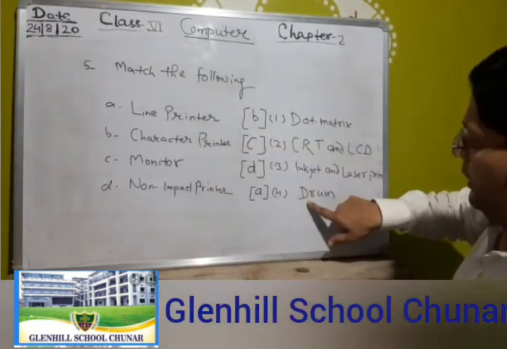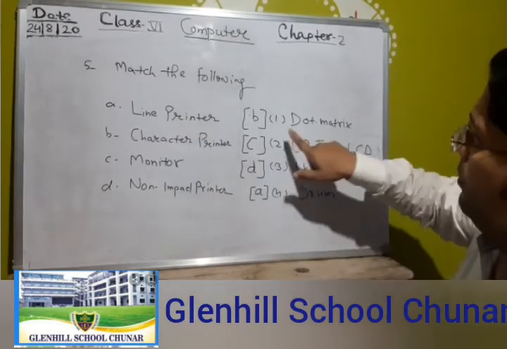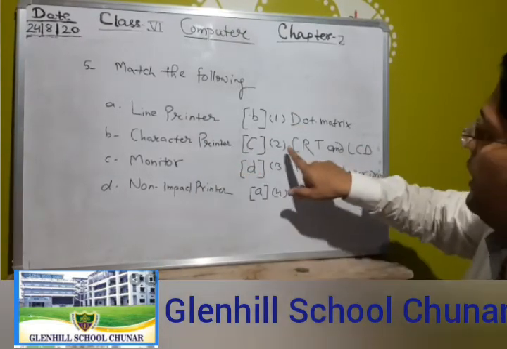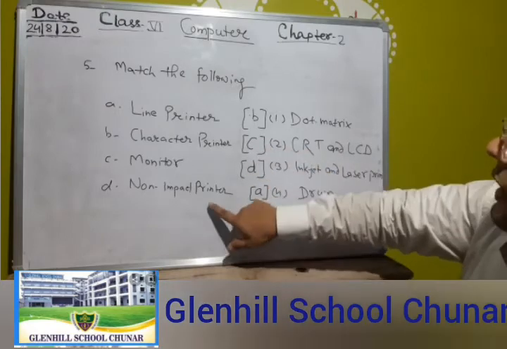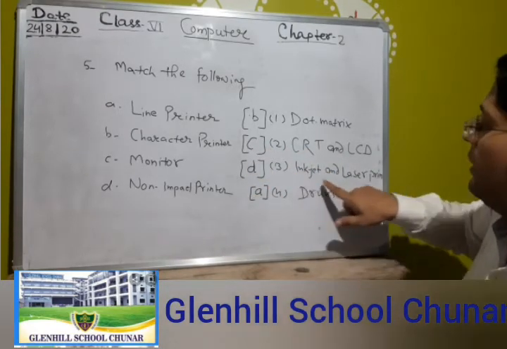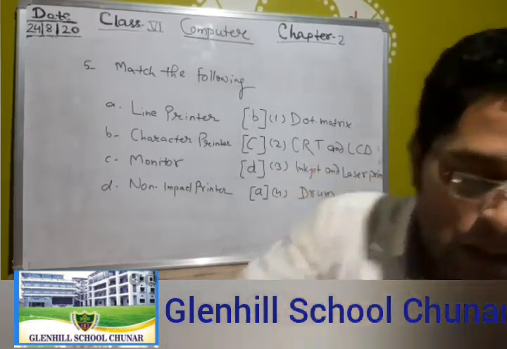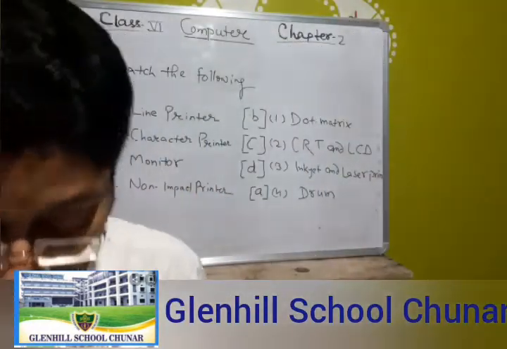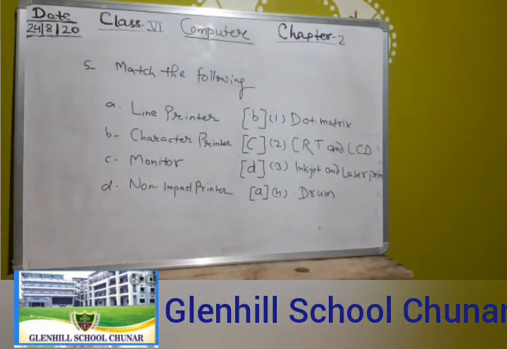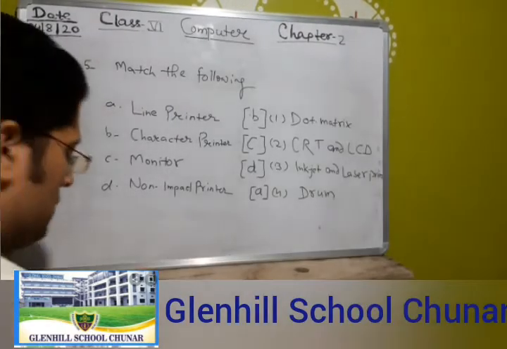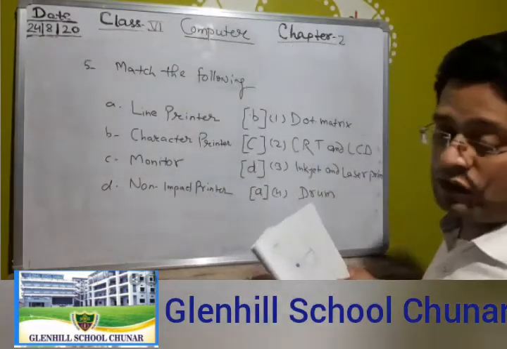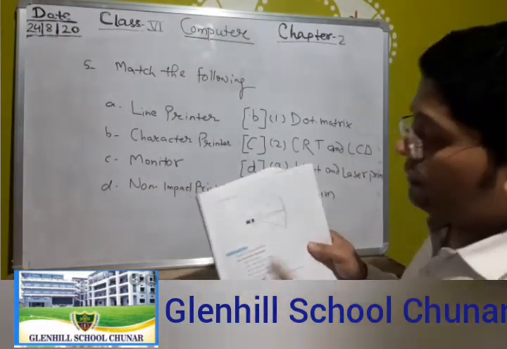Line printer A, drum; character printer B, dot matrix; monitor, CRT and LCD, C here; and non-impact printer, inkjet and laser, so D here. Okay student, complete your match the following. Next question, label the following.